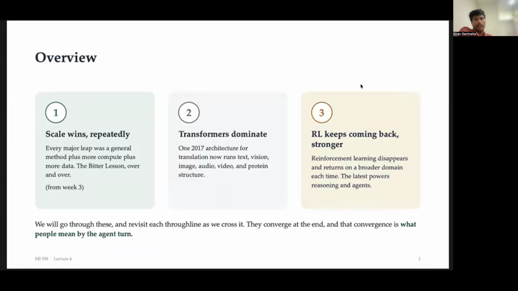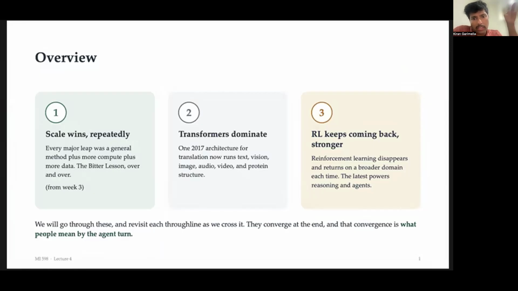Today we're going to have three pillars. The first is what we called the scaling laws last week: how scale is something that keeps winning all the time. We keep coming back to Sutton's bitter lesson: throw scale at it and suddenly you learn a lot, right?